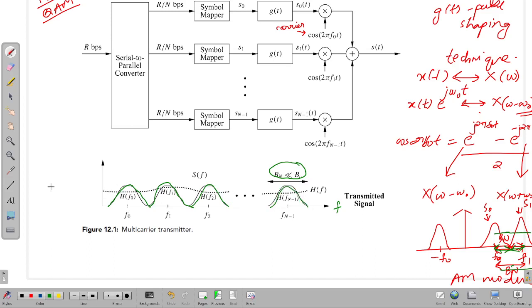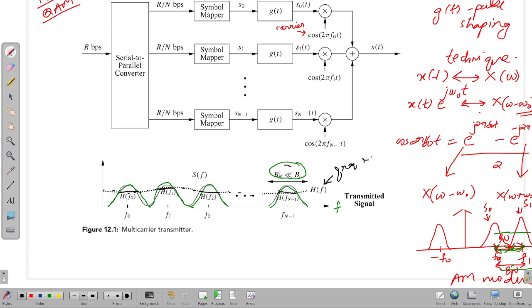The dotted line is nothing but the channel, the frequency response H of f. At the center frequencies, they have shown the frequency response of the channel, and you can observe that the channel is approximately flat over this range of frequencies.